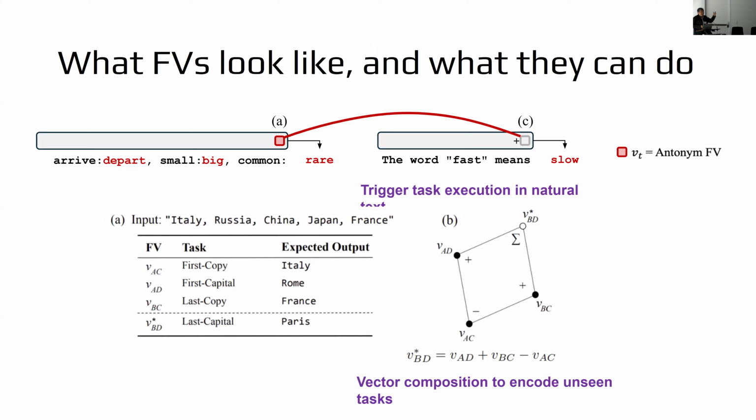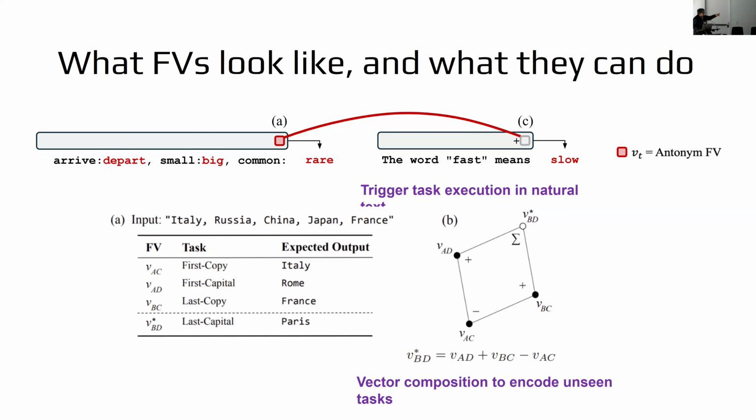If you insert it into a context where you're just in natural text context, you can get that transformation to be evoked in a natural text context. So if the transformation was tell me the capital of a country, and you stick that neural pattern into the processing of just text about the country, then all of a sudden the sentence will start talking about the capital of the country, or you can have it talk about opposites, or you can have it start explaining things in Spanish.